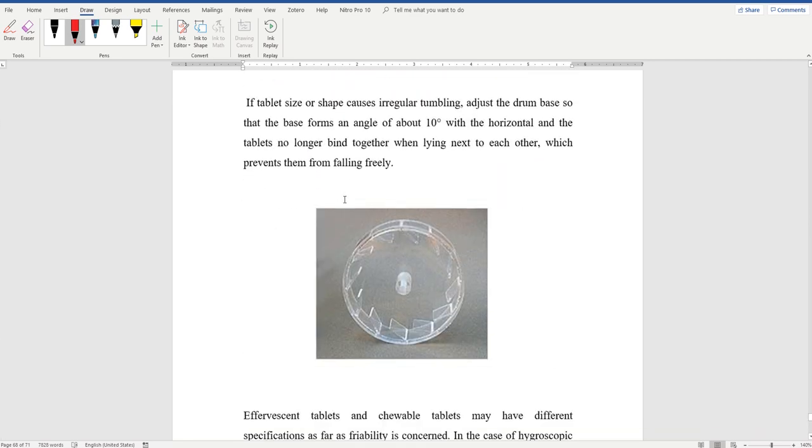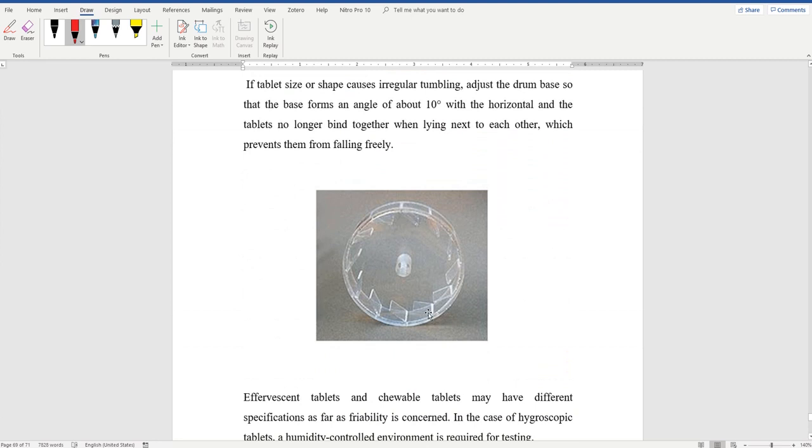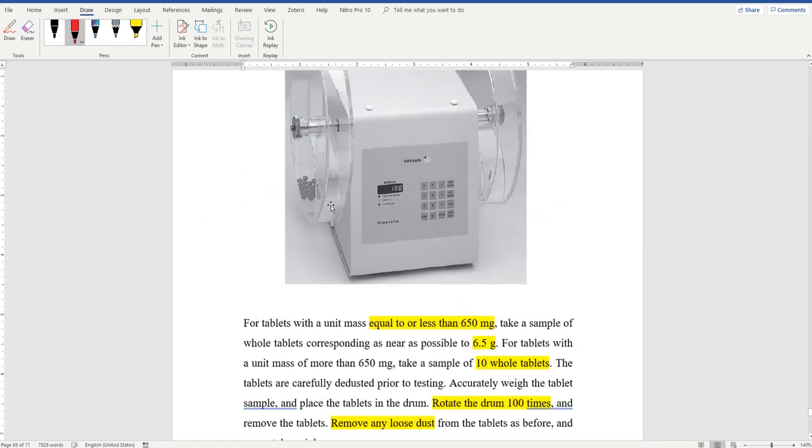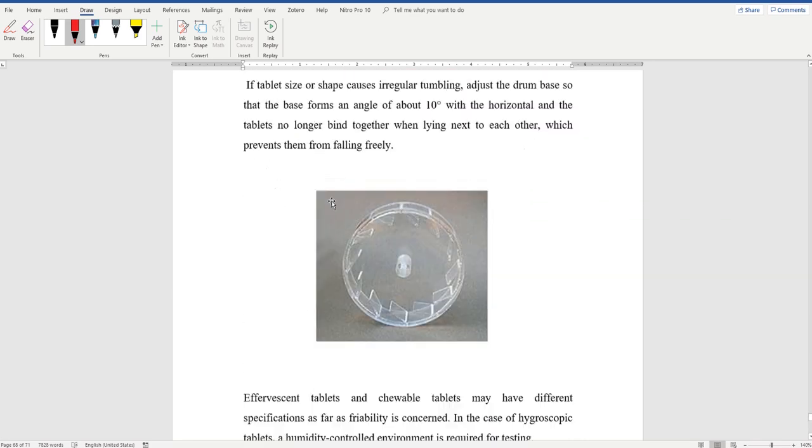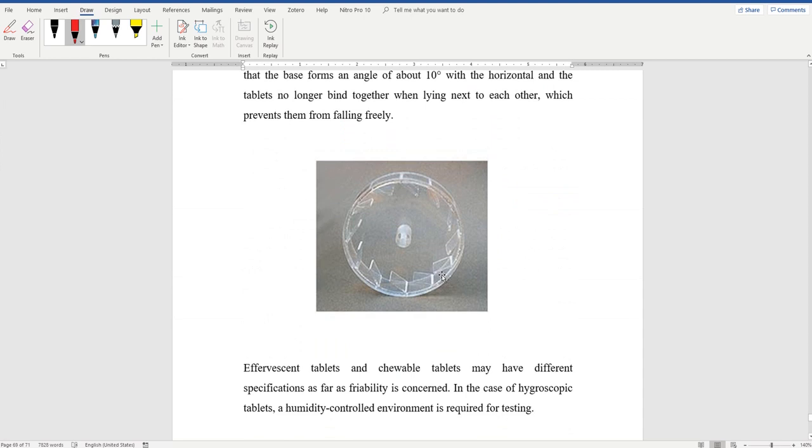Now, for some cases, a special type of drum is used, but you use them in special cases. For example, when the tablets that you are using stick to each other all the time, in this case, you will use such a drum.